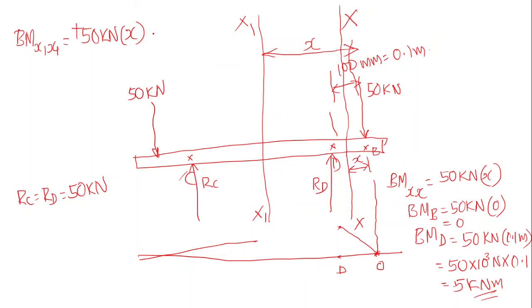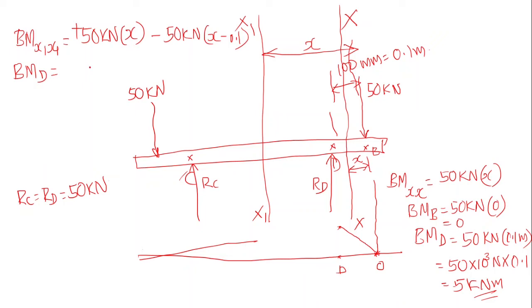Then the bending moment due to RD about x1 is in the anti-clockwise direction, and we can treat it as negative bending moment. That's equal to, again, RD is equal to 50 kilonewton into x minus 0.1 meter.